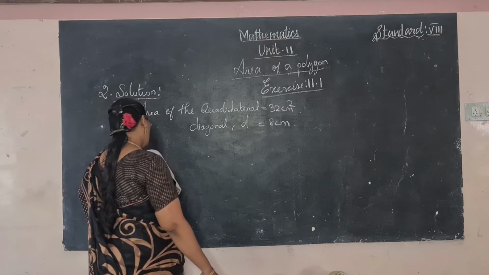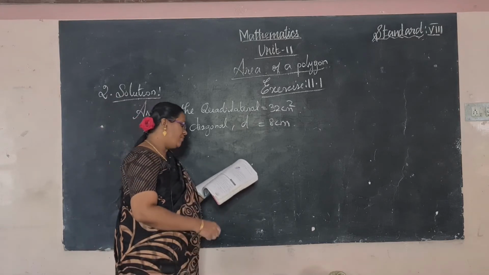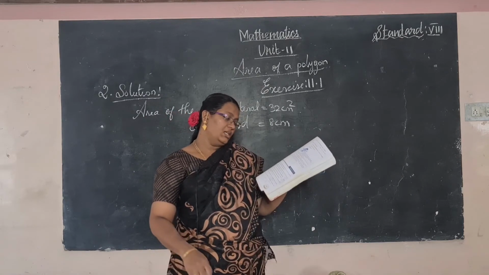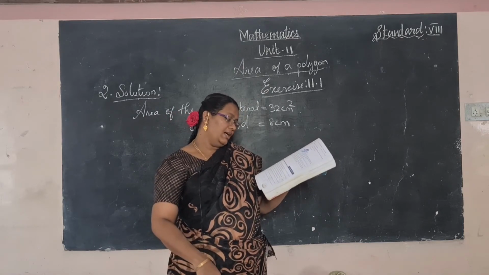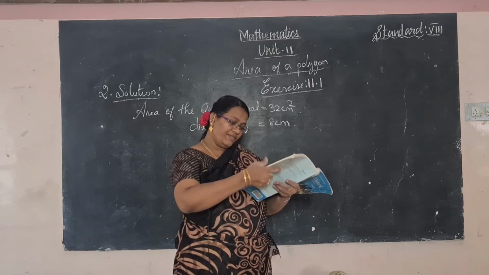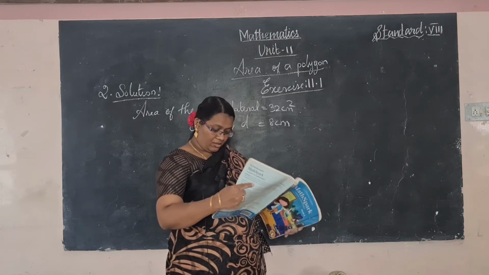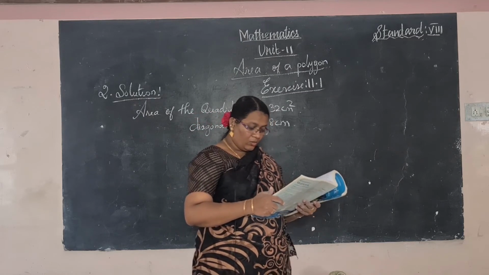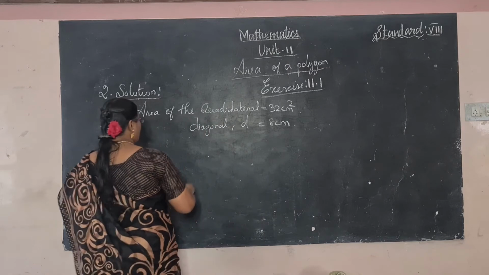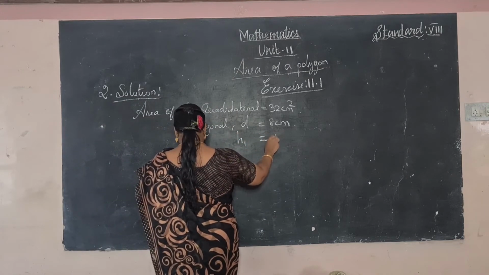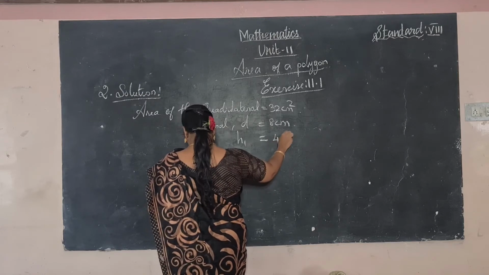For the quadrilateral, the formula is half into diagonal into h1 plus h2. We have to find the other height. So height h1 is equal to 4 centimeters.